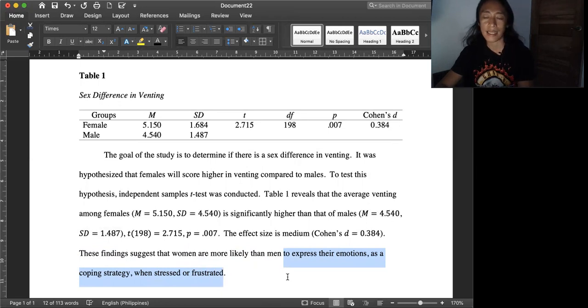You'll notice that I didn't say these findings suggest that women are more likely than men to vent, because that's basically just repeating what I said here. So instead of saying venting or vent, I describe or define what venting is, or what vent means, which is this one: to express their emotion as a coping strategy when stressed or frustrated.